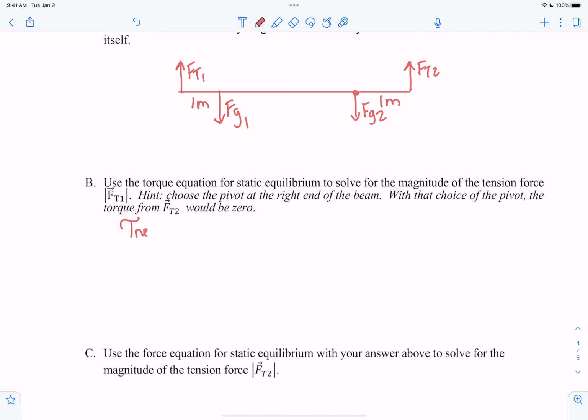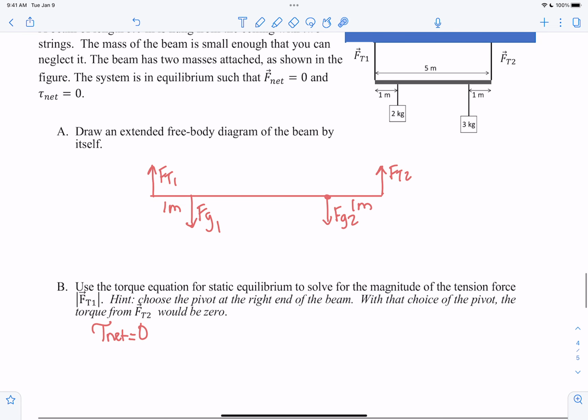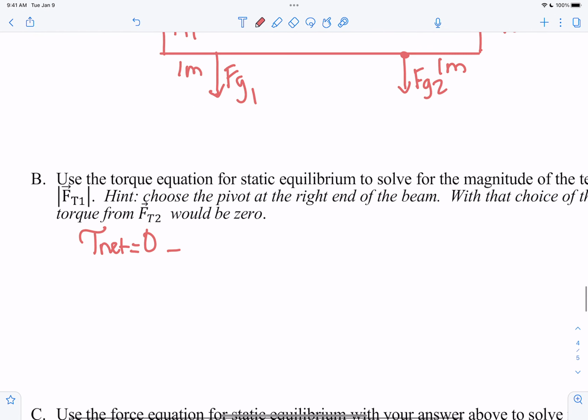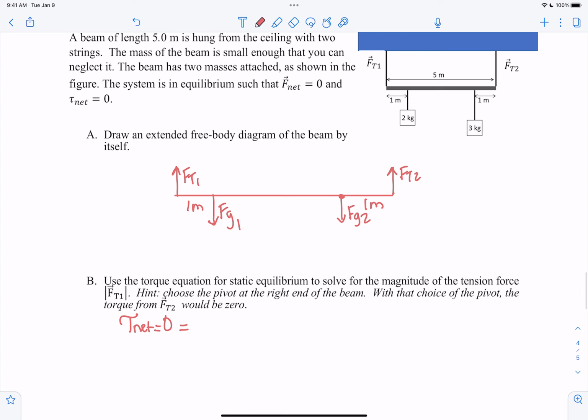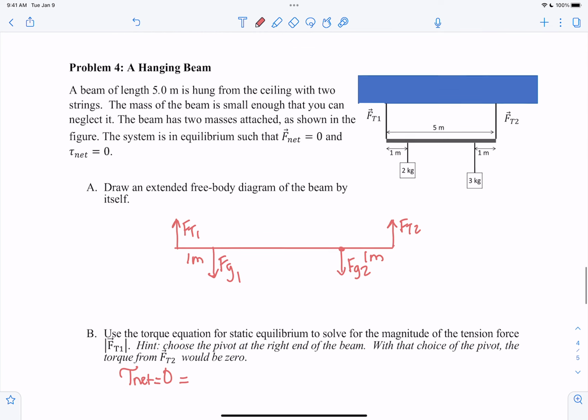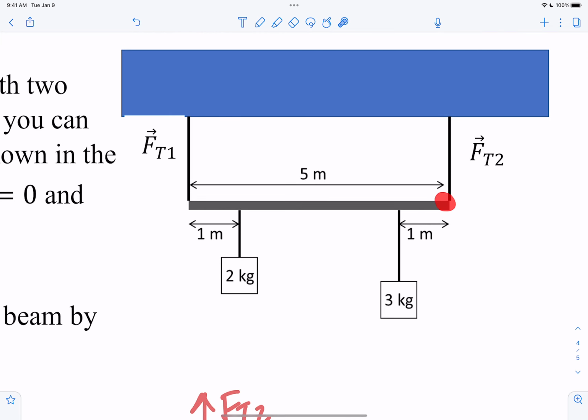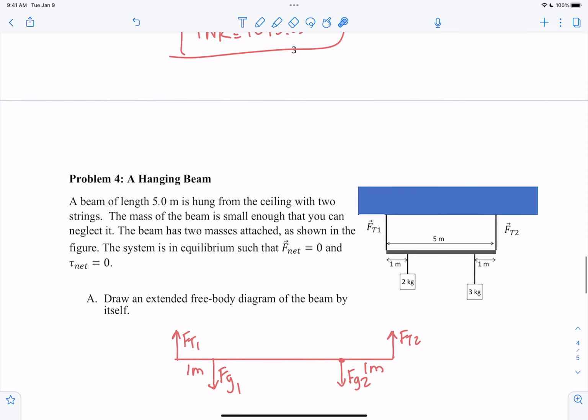So if we say net torque here is 0, because they said it's in static equilibrium, T net is equal to 0, then there is a torque due to Ft1 here. And we have to indicate that, if this was our pivot, and this force pulls it upwards, well, that direction is kind of clockwise, right?